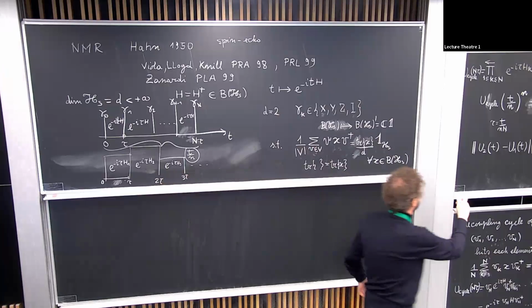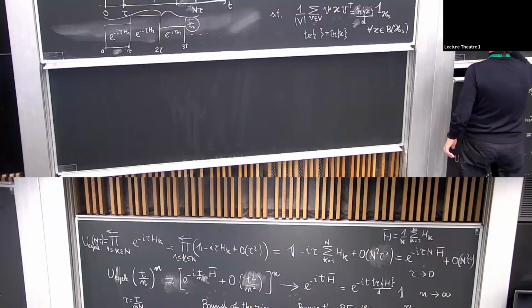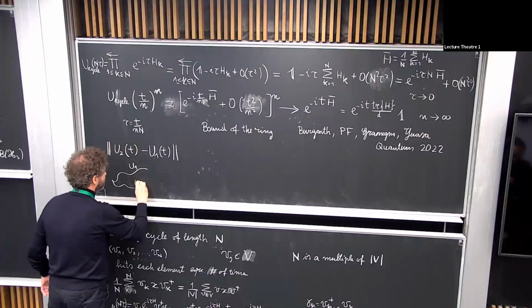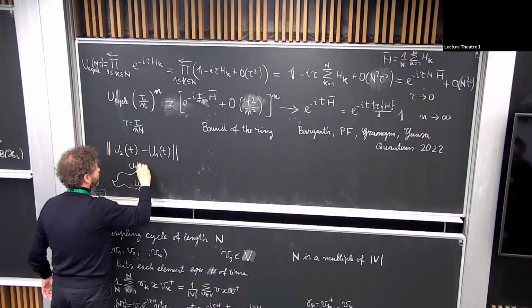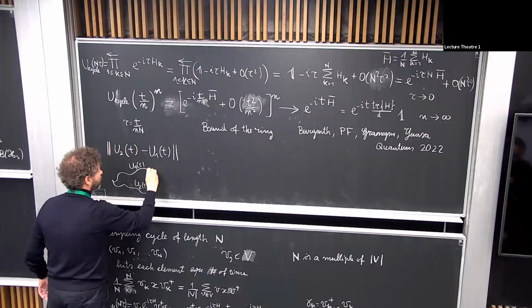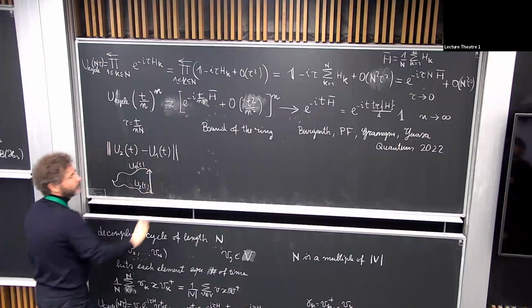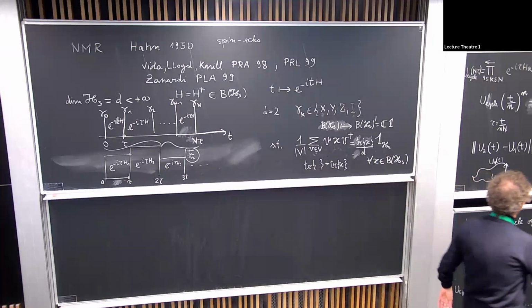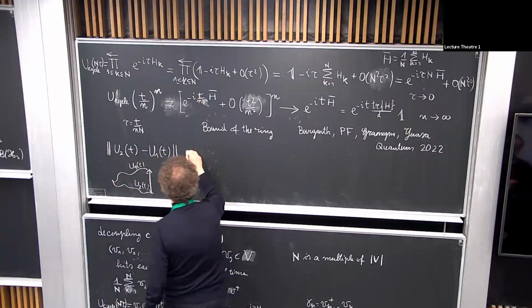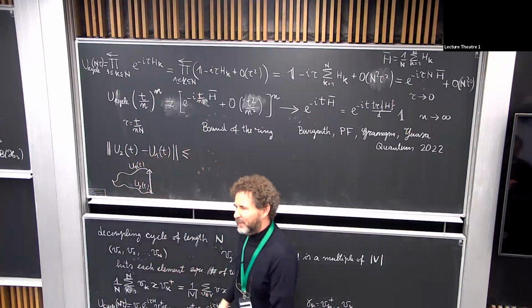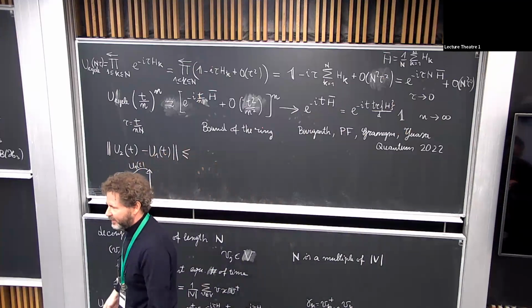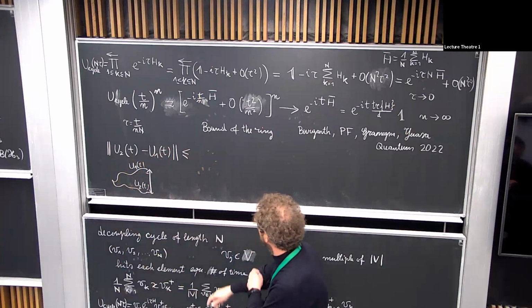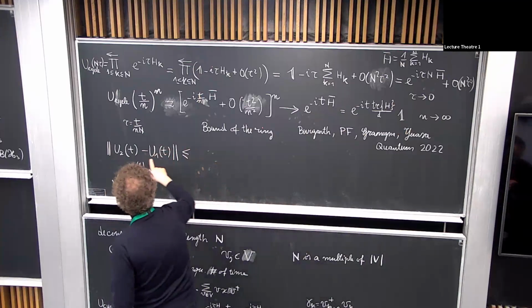So essentially, here I get U1, here I get U2. And I want to give a bound to this divergence at time t. And the proof is astonishingly simple, but the bound is very useful in many situations, for example in Trotter.